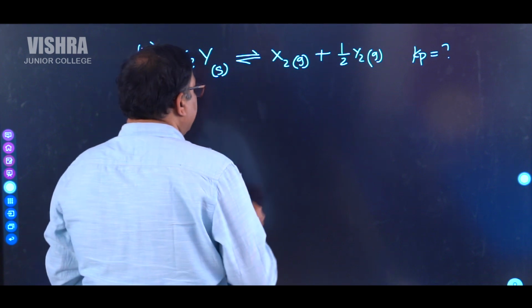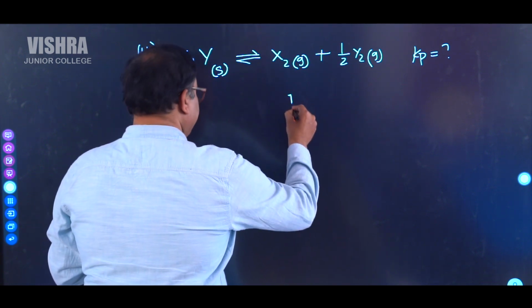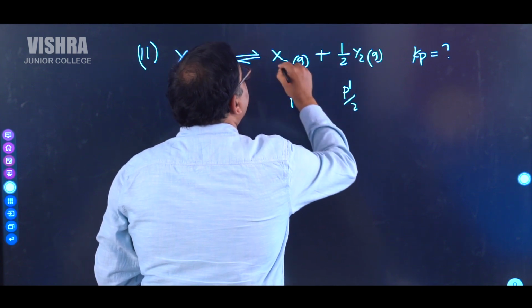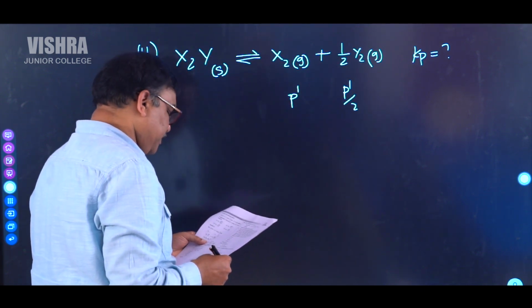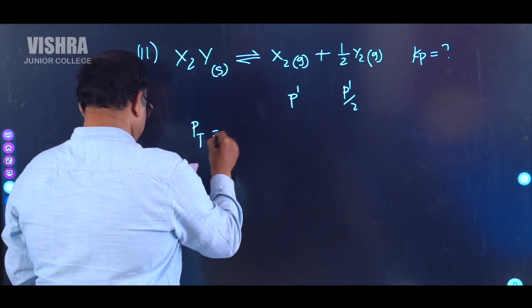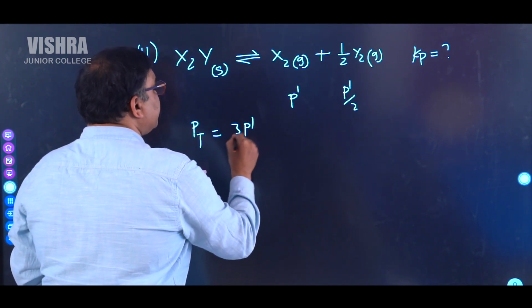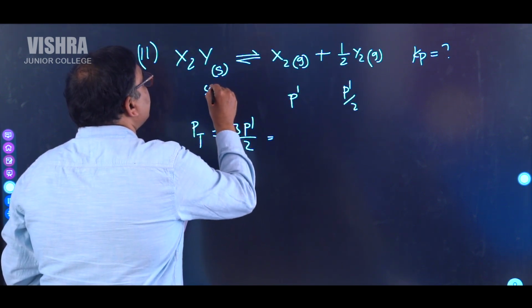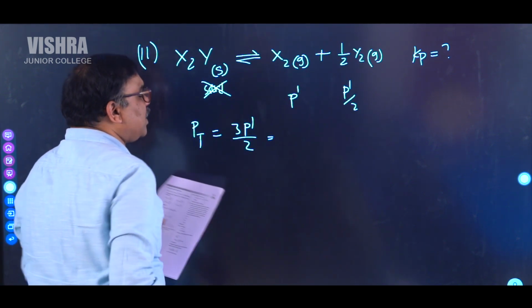Okay, here let us say P' and P'/2 is there. It's half, it is 1 mole. So P' and P'/2 is there. So P total is equal to 3P'/2, and this one is solid, so there is no pressure because of solid.